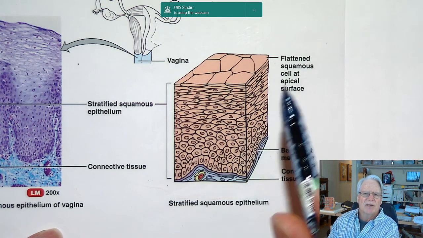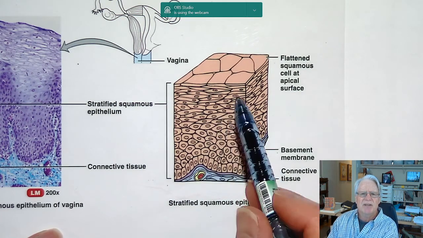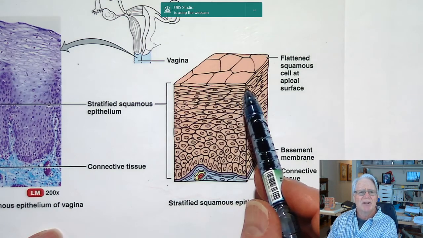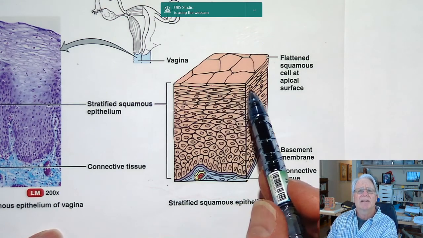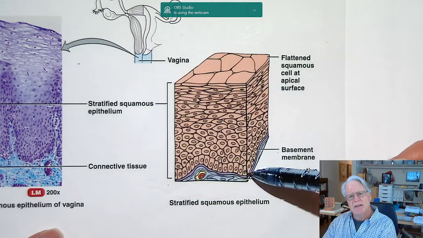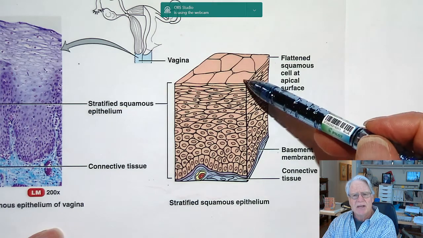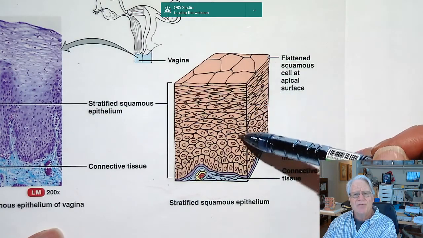It's not till you get to around here that they begin to take on that flat shape. And it's not actually till you get to the very top layer that they're really, really flat. So why are we calling this stratified squamous epithelium when in fact you can see that not all the cells take on that shape? They're not all flat.